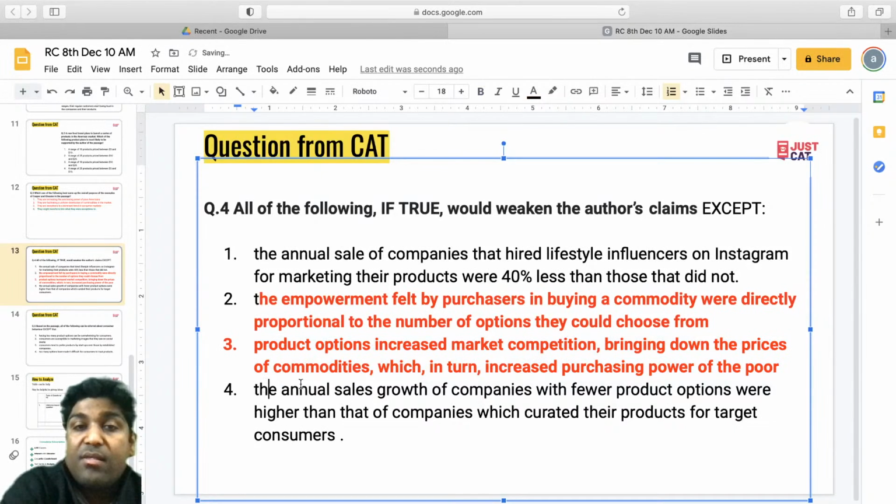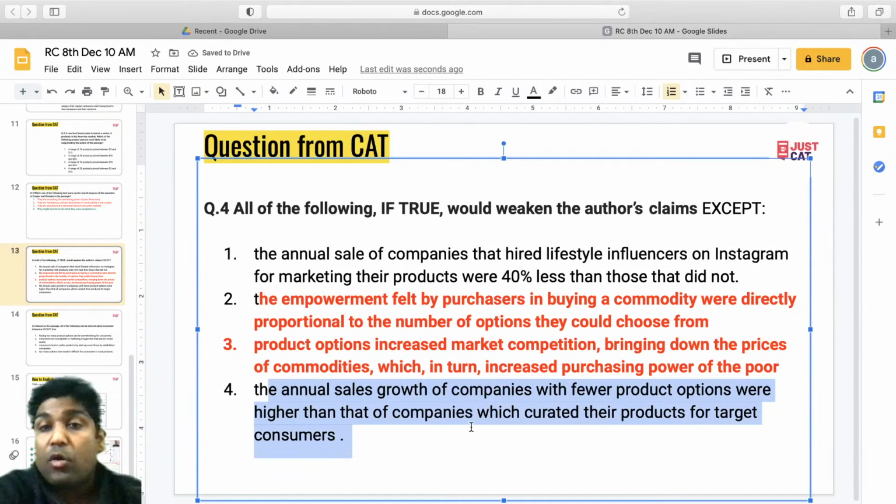The annual sales growth of companies with fewer product options was higher than that of companies which curated their products for target consumers.